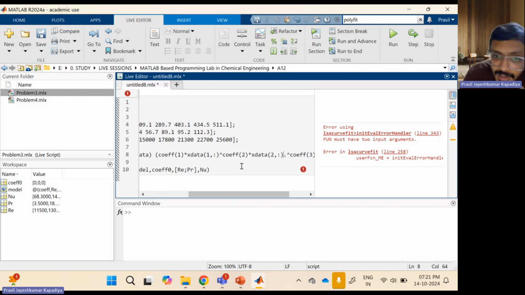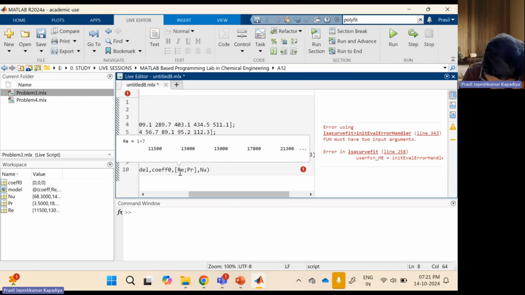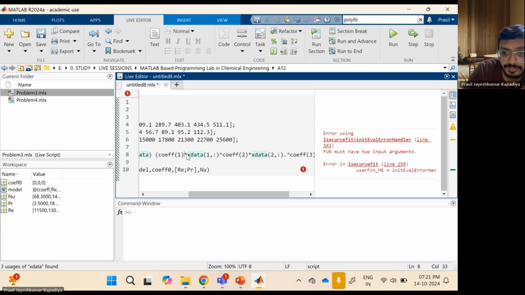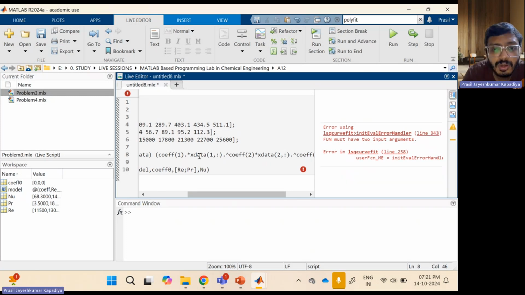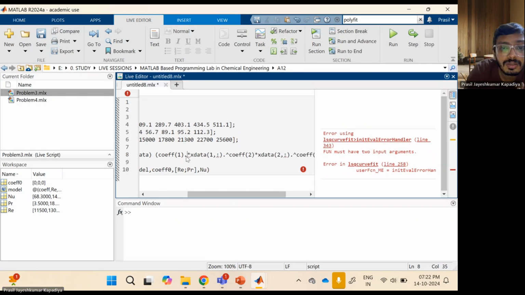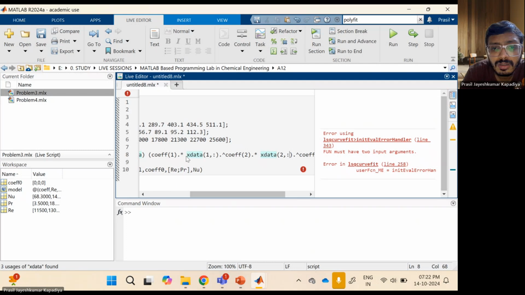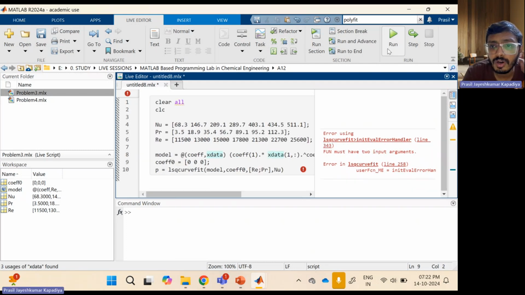I need to define it like that. So this first row is related to Reynolds number and second row is related to Prandtl number. Here everywhere I need to put down the dot. Here also we need to put it. Yeah, now this should work.